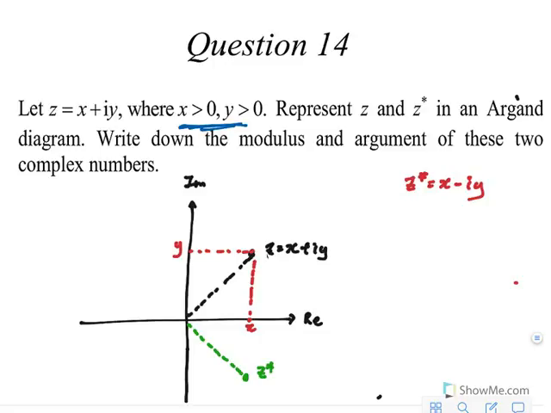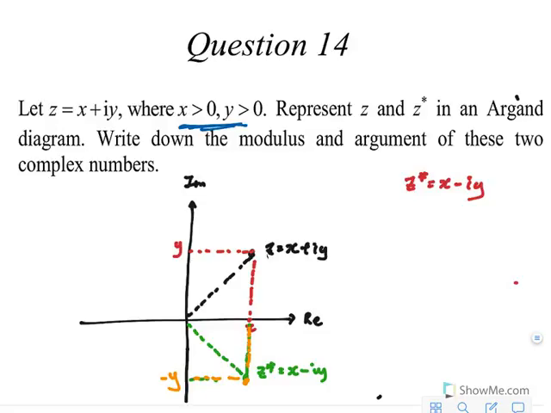This will be Z asterisk equals x minus iy. You can see that the x coordinate is the same. I used yellow. This is negative y. So this will be your conjugate. This is how your conjugate looks on the Argand diagram.